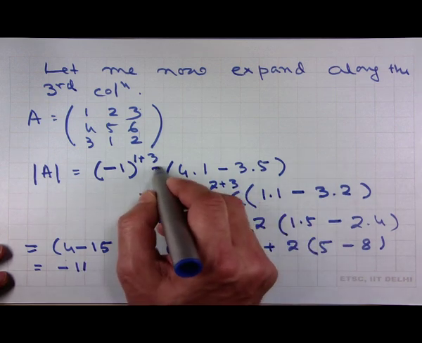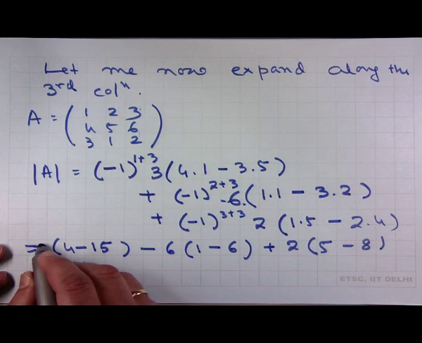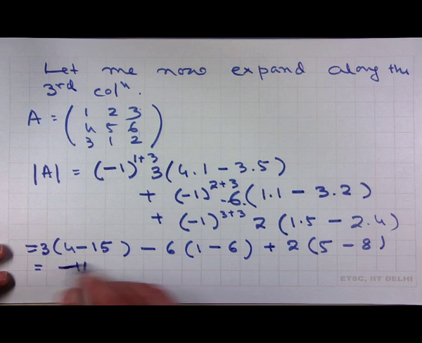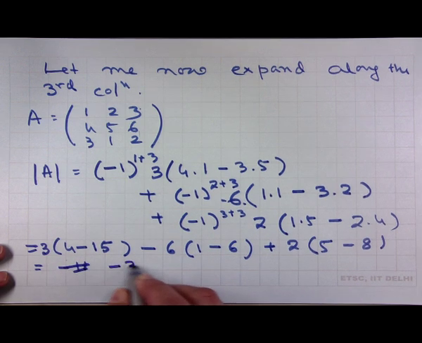Sorry, I missed the 3 here, the element. Therefore, this has to be multiplied by 3. Therefore, this is going to be minus 33.